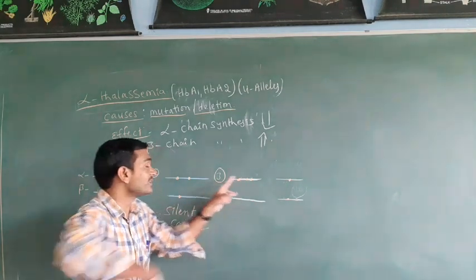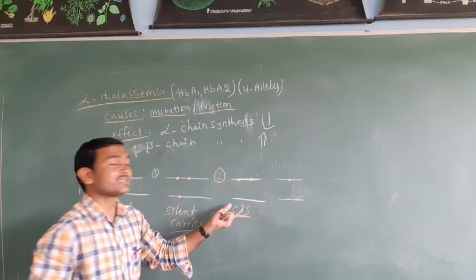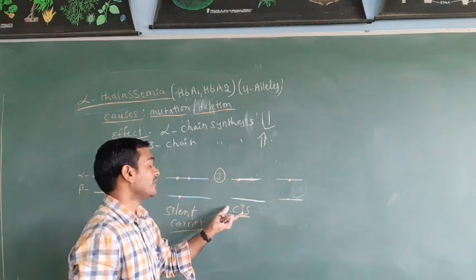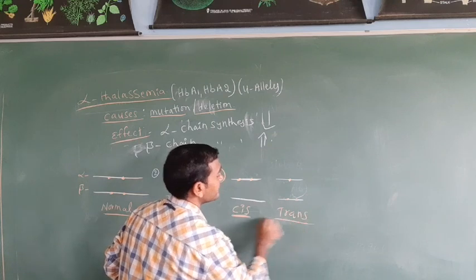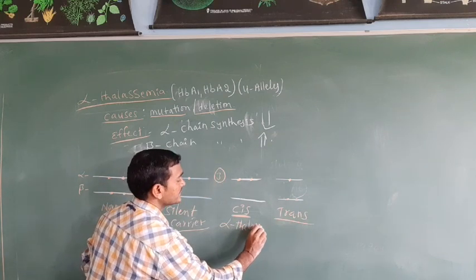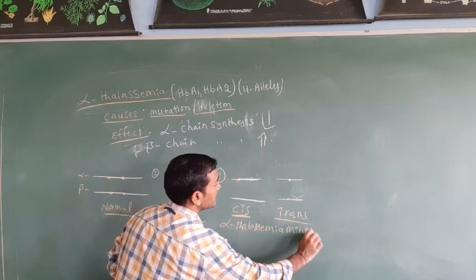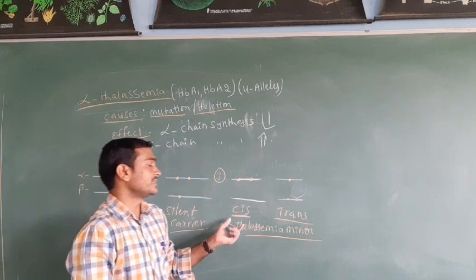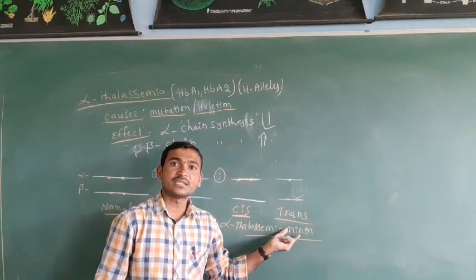This is called the cis type of alpha thalassemia minor. The other is the trans type of alpha thalassemia minor. So alpha thalassemia minor has two types: the cis type and the trans type.